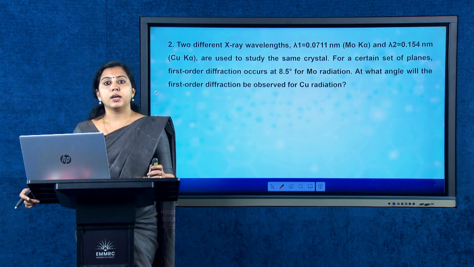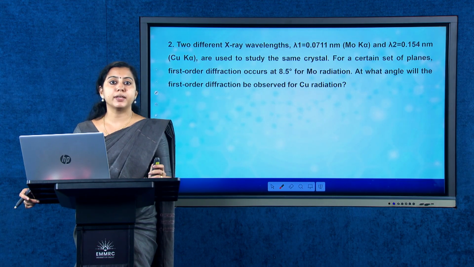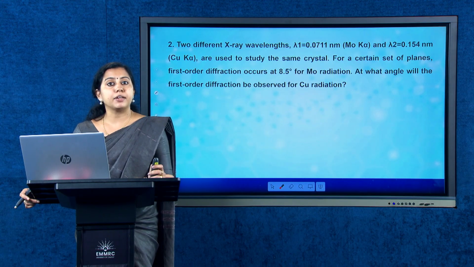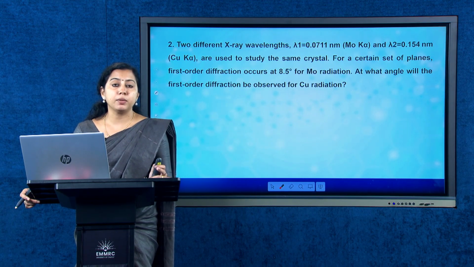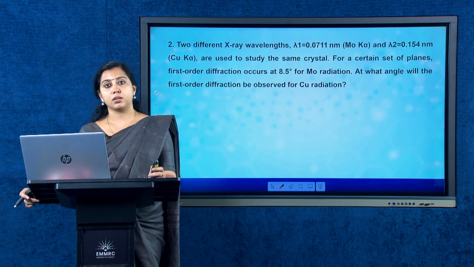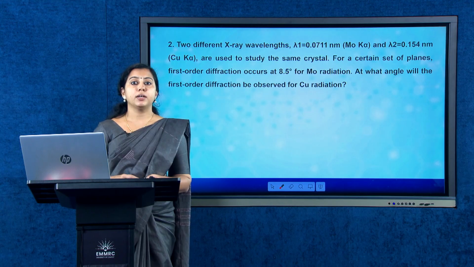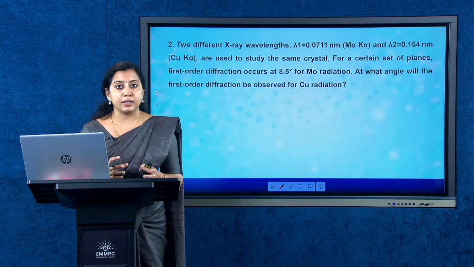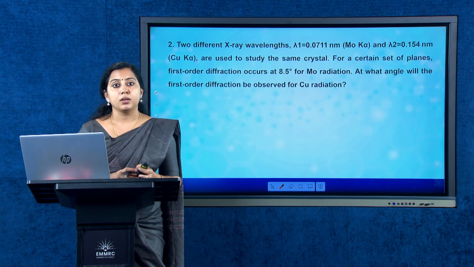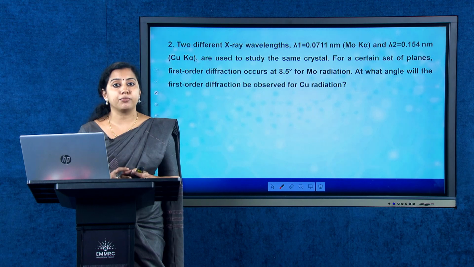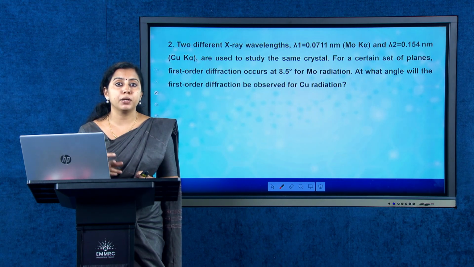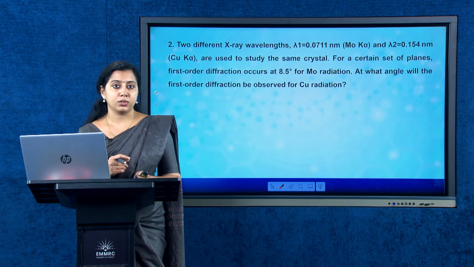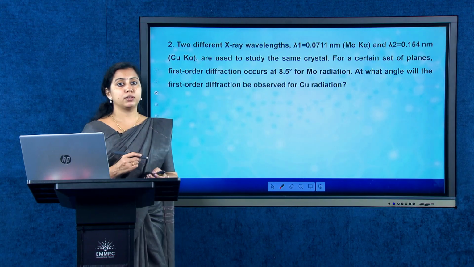It is given that for a certain set of planes, the first order diffraction was observed at 8.5 degree, that is theta is 8.5 degree, for the molybdenum radiation. And we have to find out the incident angle or the scattered angle theta for the first order diffraction observed for copper K alpha radiation. So, let us see how to find out.